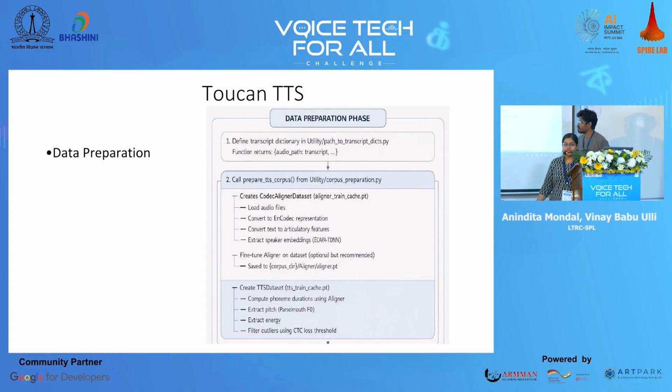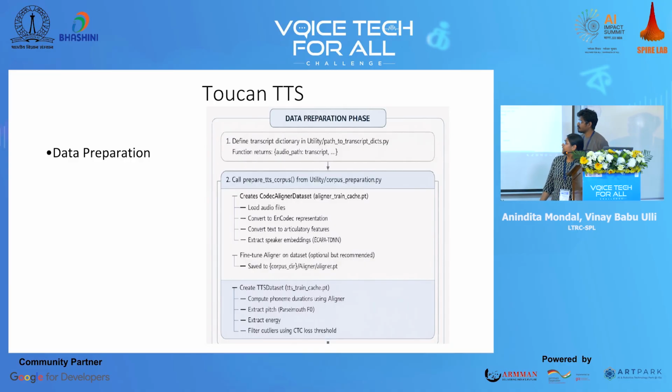And we also have an aligner, which will give us the timestamps of each phoneme and the duration of that phoneme in all of the audios in the corpus. And also we have the speaker embeddings using the ECAPA-TDNN model. So these are all our pre-processing steps. So ultimately we have a speaker embedding, we have a language embedding, we have the phonemes and their articulatory features, and also ground truth pitch, energy, and duration.